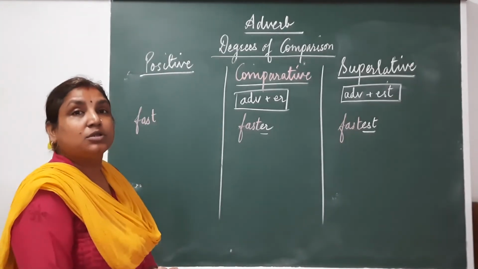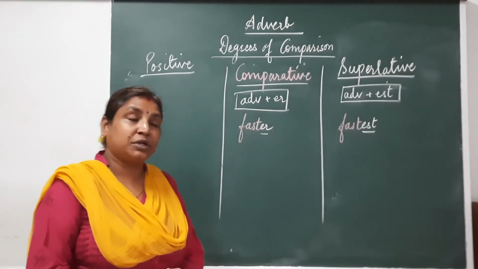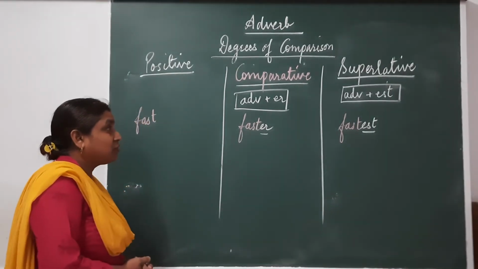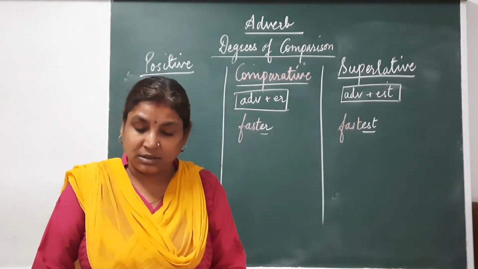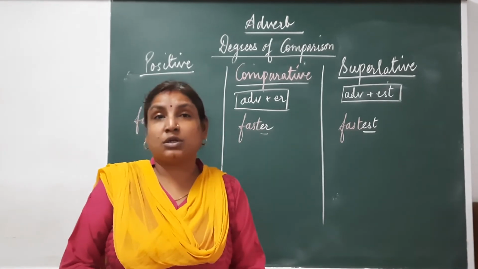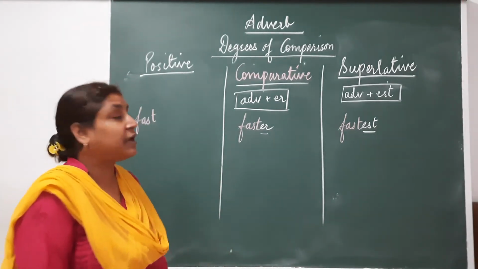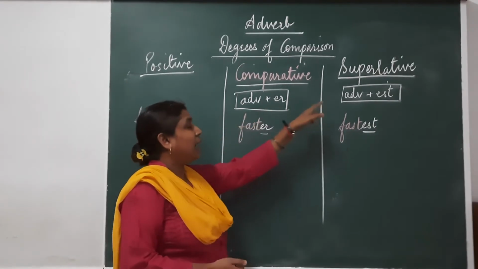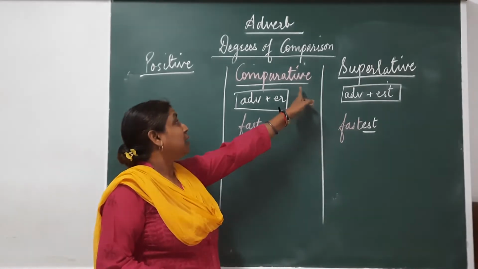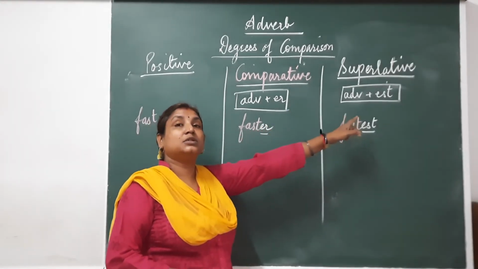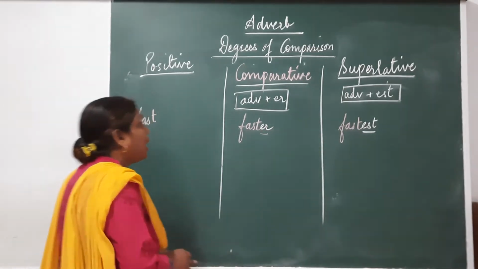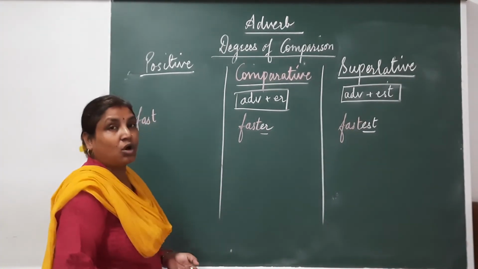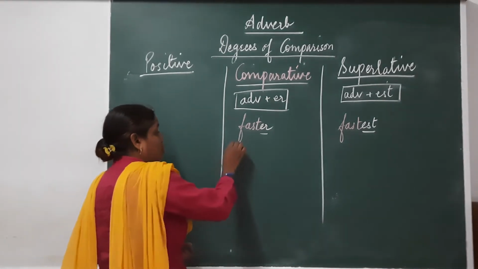Other examples: slow, slower, slowest. Then we have hard, harder, hardest, loud, louder, loudest. So these are some of the examples where we add er to the adverb in the comparative form and est to the adverb in the superlative form. Another way of formation of the comparative degree is more.